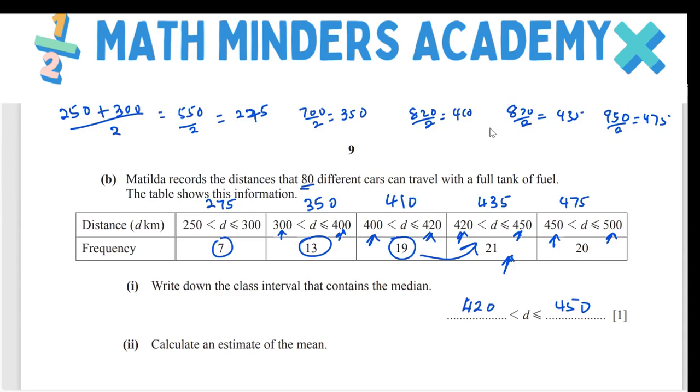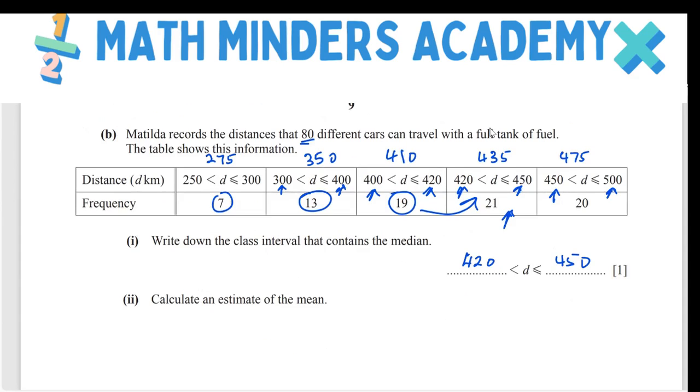So with this information, we want to find the estimate of the mean. So we have 7 multiplied by this midpoint, plus the frequency of the second class, which is 13. Use it to multiply the mid value of that second class. The frequency of the third class is 19.